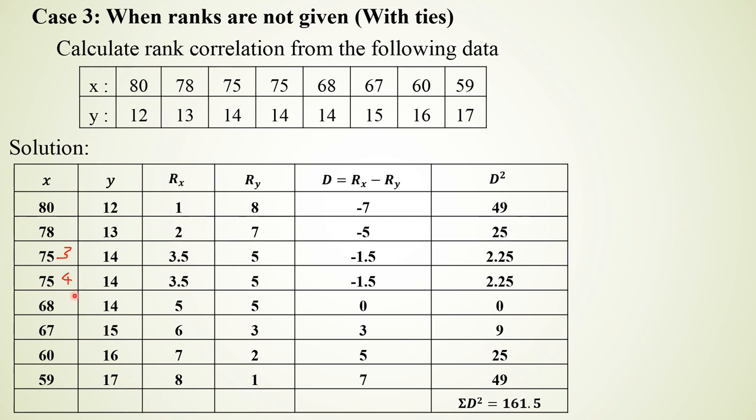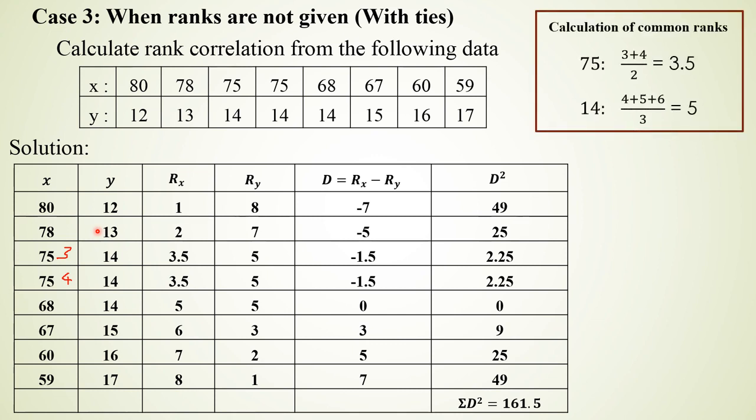In that case, you need to assign the common rank for these values, and the common rank is calculated by the average of 3 and 4. Average of 3 and 4 is 3.5. Therefore, the corresponding rank for the value 75 is 3.5.